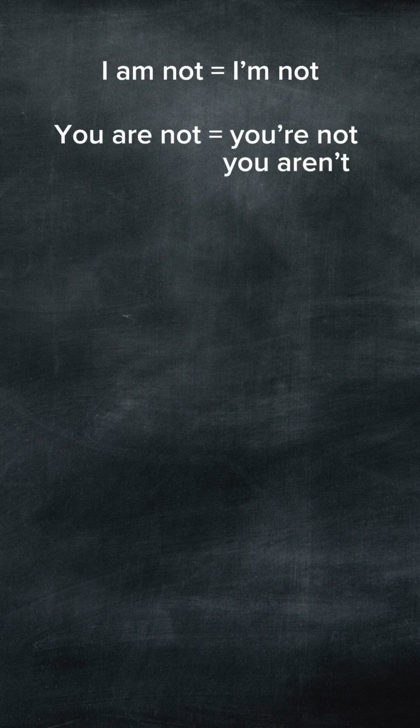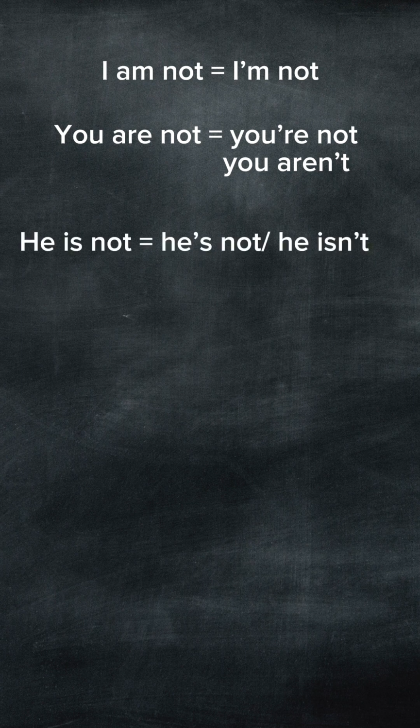You are not is contracted to you're not or you aren't. And you can see that wherever you have contracted, wherever you have taken away a letter, that's where you put the apostrophe. He is not, he's not, or he isn't.